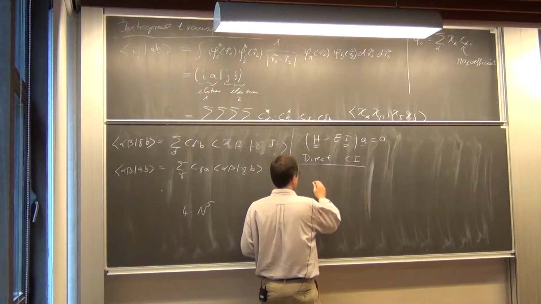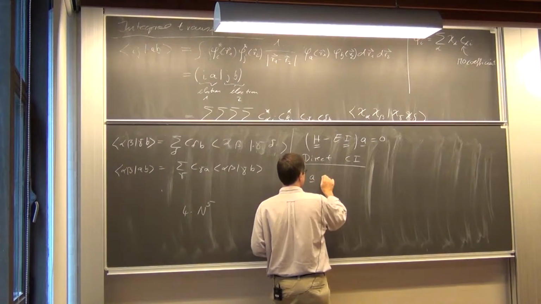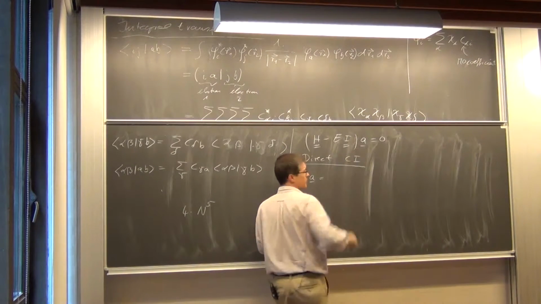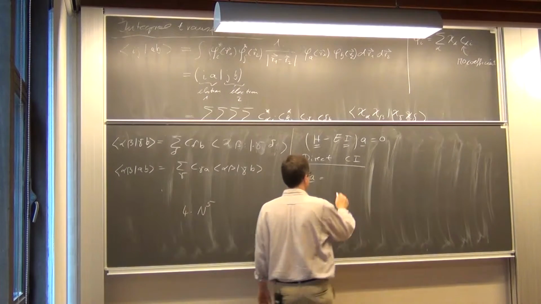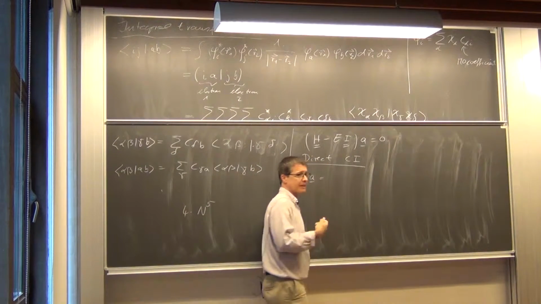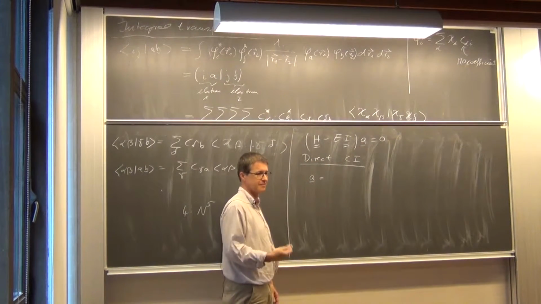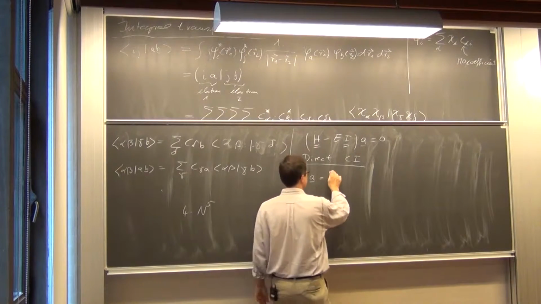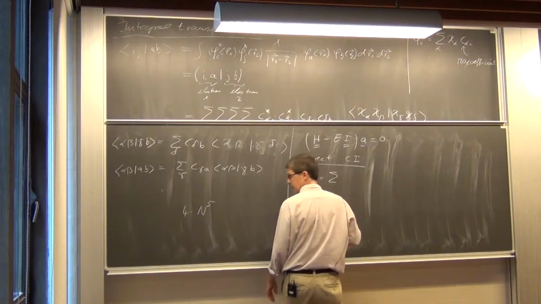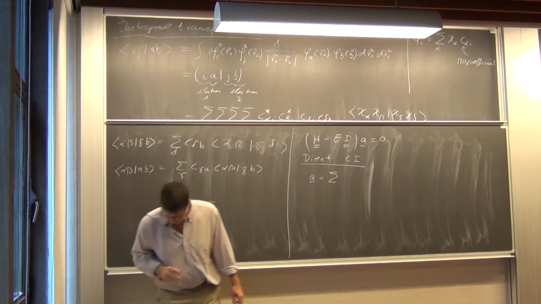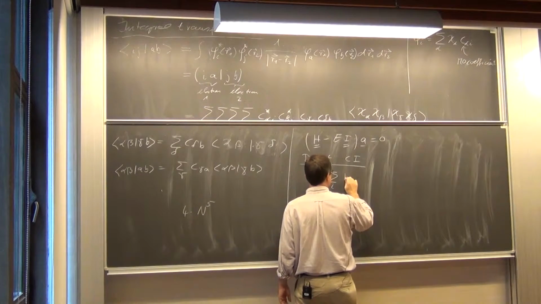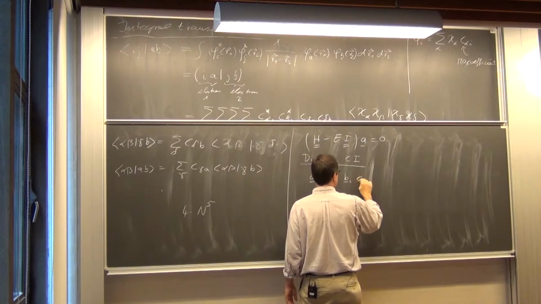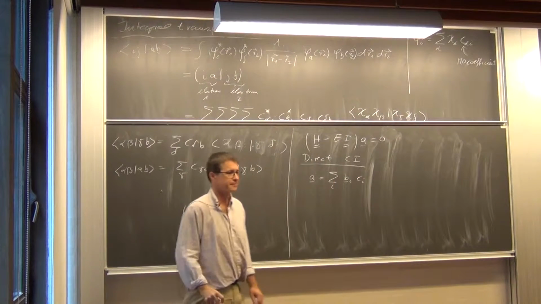But what you do is you say, okay, these coefficients, which are eigenvectors, I expand those in some kind of basis, which I want to call bi, some basis vectors, bi, with some coefficients.